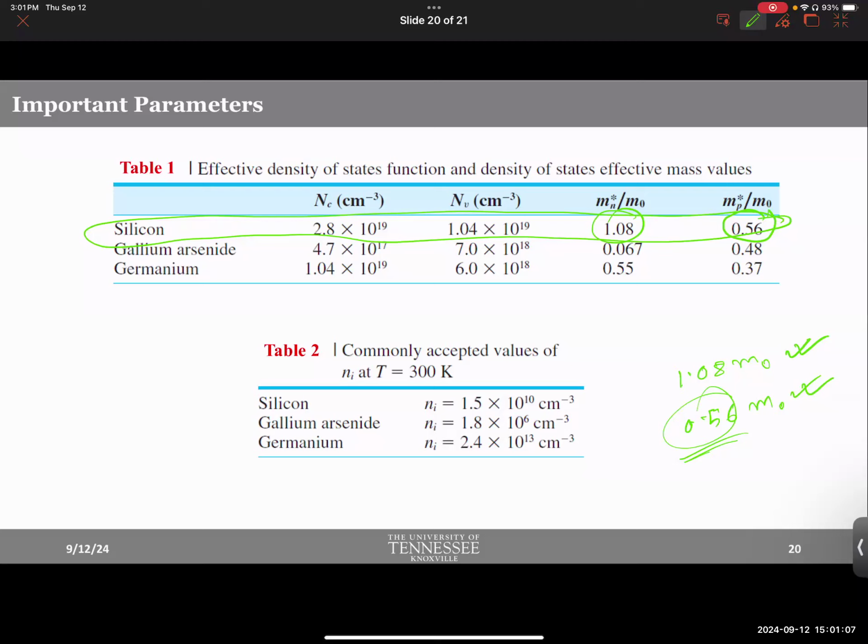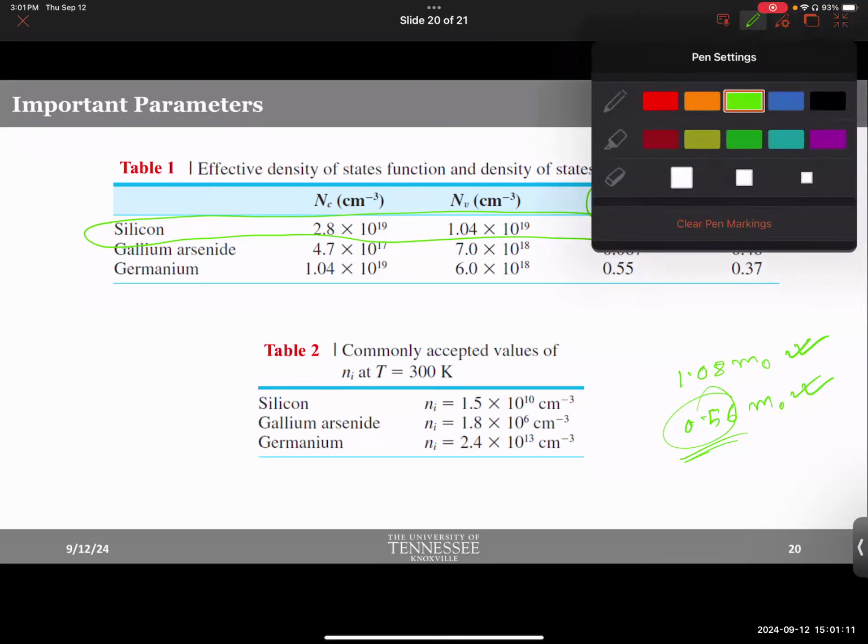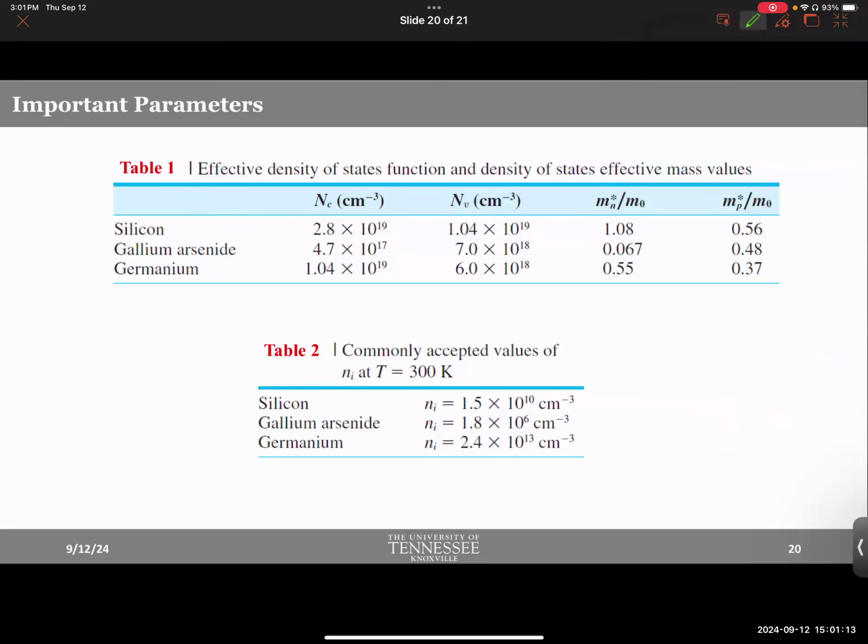That overall effect is lumped together in the concept of effective mass. So it turns out when holes flow through the silicon, they don't encounter as much opposition as the electrons. That's why they appear to be less massive. And electrons appear to be more massive because they face repulsion and scattering by a lot of atoms in a crystal. So that's the reason why the electrons have a higher effective mass and holes have lower effective mass.